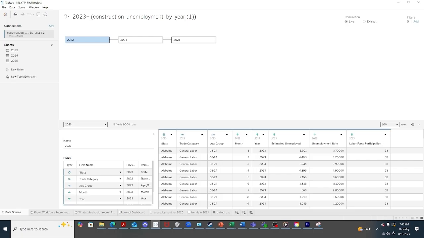In this image I have up, this is where I connected the different data sets to each other for 2023, 2024, and 2025.